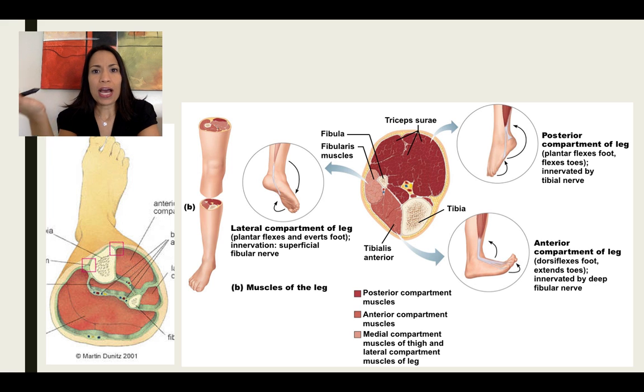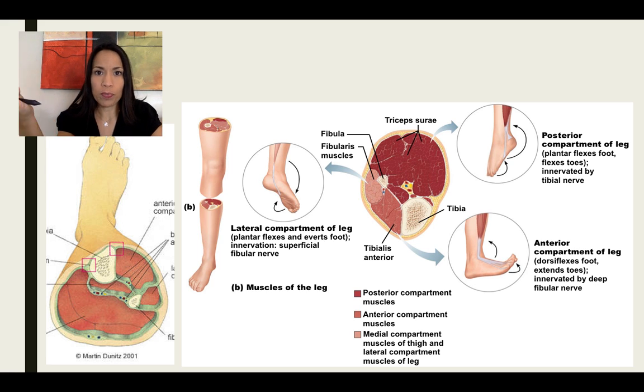We have described in previous classes the compartments of the thigh, right? And we said that the deep fascia, the fascia lata, divides the thigh into three compartments: anterior, posterior, and medial to the femur.